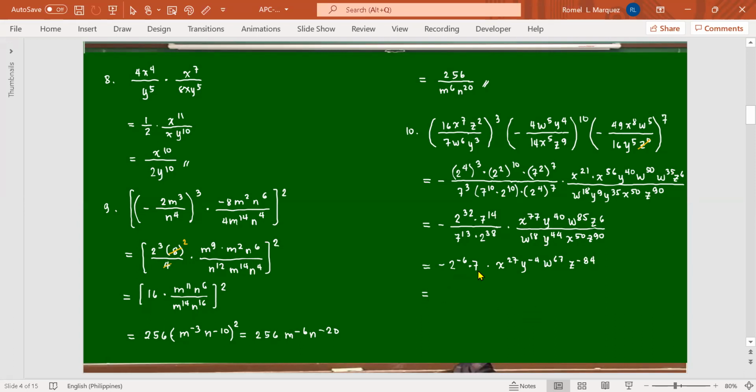The 7 will be in the numerator. The 2 to the negative 6 will be in the denominator now, 2 to the 6. X to the 27, W to the 67. Y is now in the denominator, and Z to the 84 also in the denominator.